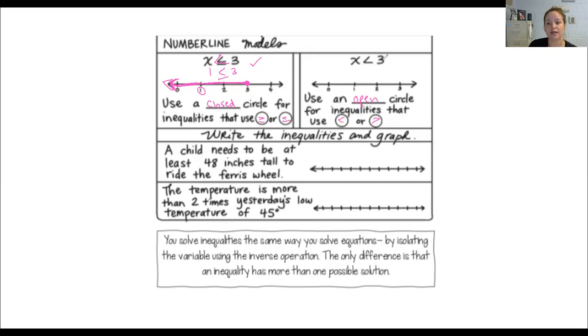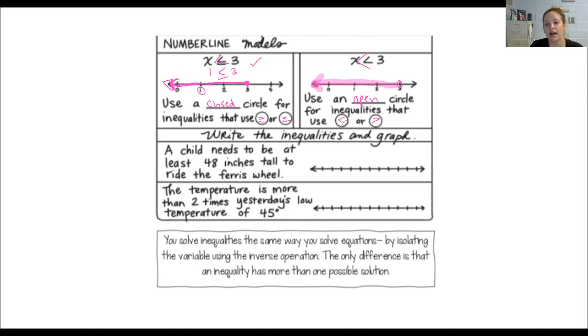So we still start with the number 3, and an open circle is just a circle that's not shaded in. Okay, and it is less than. The variable is first, so we're good to go. And we're pointing it to the left because that little tip of the inequality is pointed to the left. All right, so we are going to shade to the left.